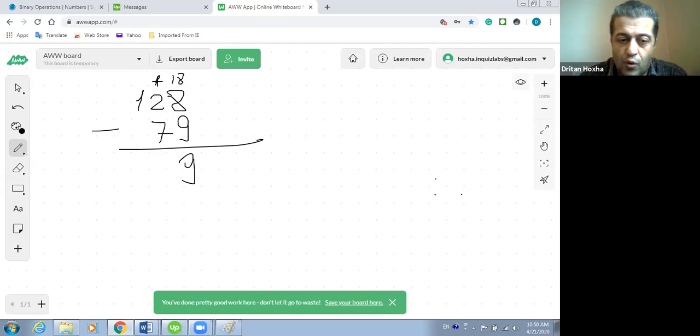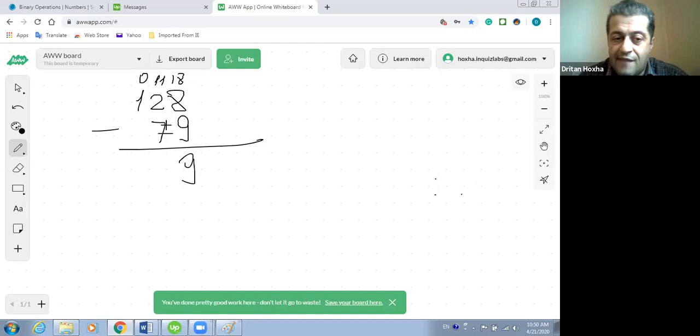So we have 1 minus 7. We cannot do that operation because the result is negative, but we borrow 1 value from here. So from hundreds, we borrow 10 and we write it as 11, and it is 0. It has remained 0 because 1 has gone here.